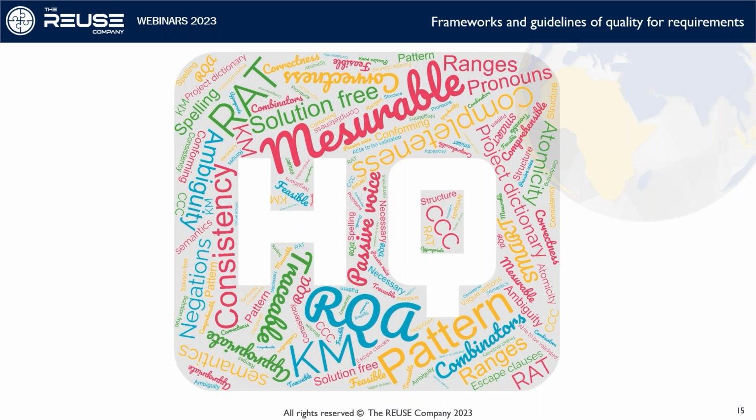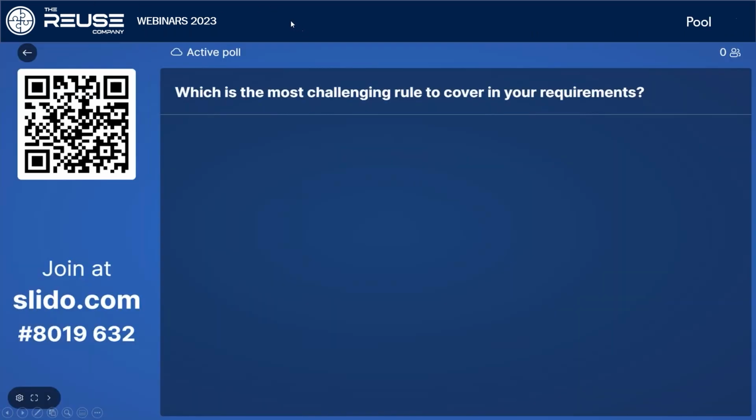Now I have another topic in my poll, asking you which are the rules that you find more difficult to follow, right? If you click on the same link or just refresh your browser, you will find the second question.